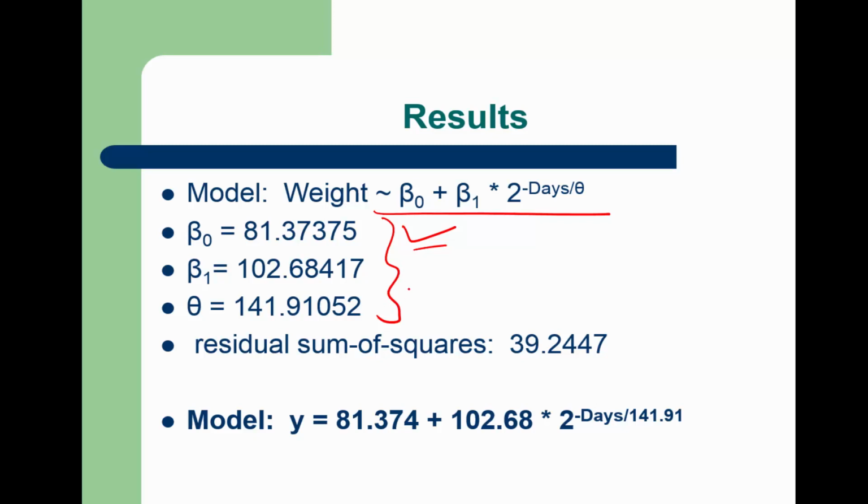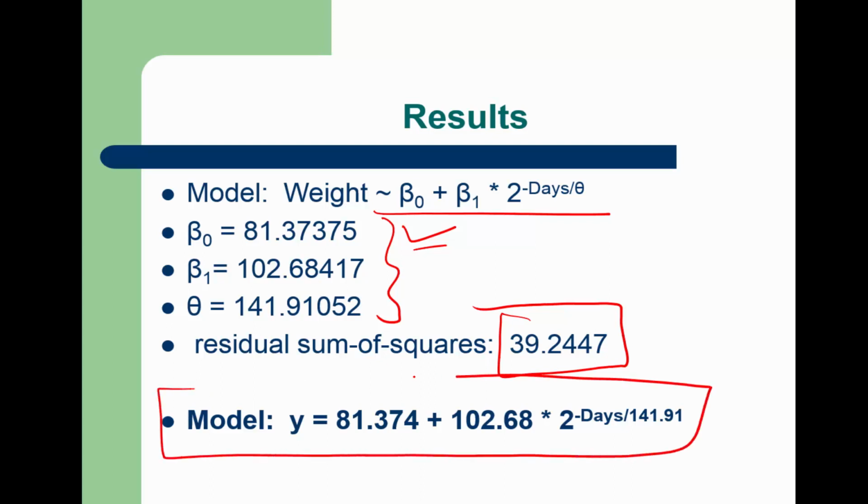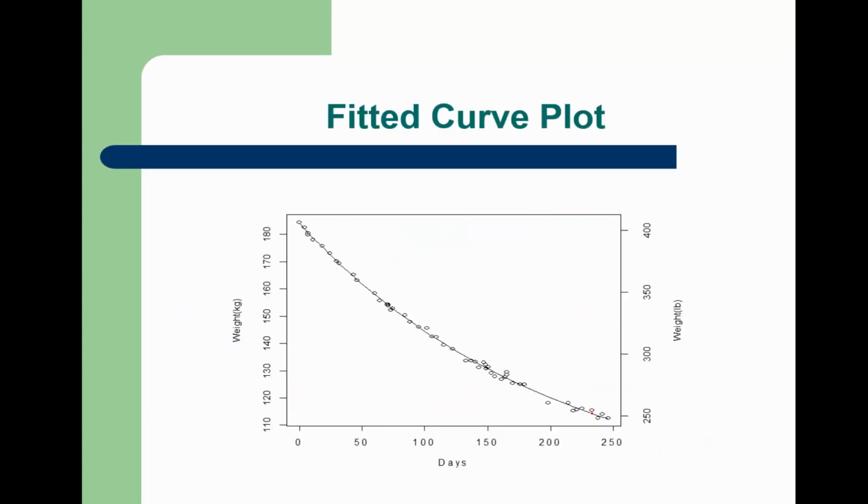The residual sum of squares where we are getting these estimates is 39.2447, and then using these estimates you can write the final model. The final model looks something like this with this intercept 81.37, slope coefficient 102.68 and the exponential coefficient 141.9.